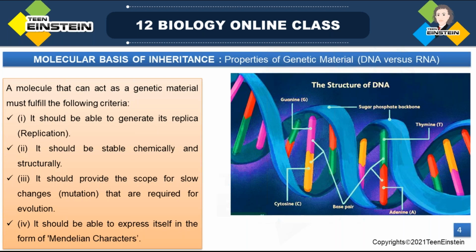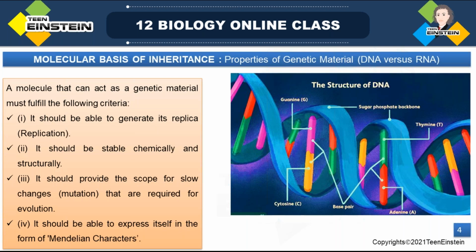Then the third point is it should provide the scope for slow changes that are required for evolution. Right? What do you mean by that? That means genetic material should show mutation or slow change, that should change very slowly. There should not be a sudden change.